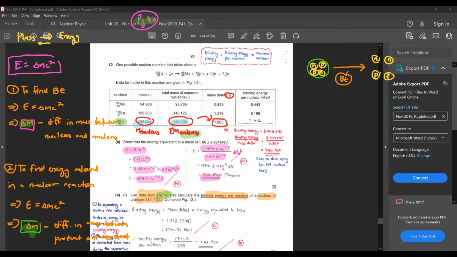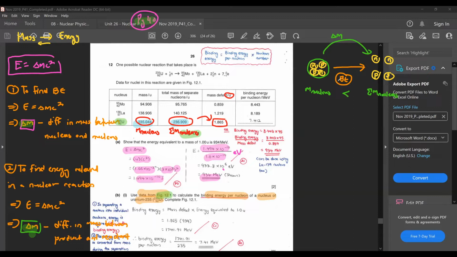Okay, so in the process of you going from here to here, it involves a change in the mass. I mentioned to you before that the mass of the nucleus, if you were to compare with the mass of the nucleons, they are not going to be the same. Actually, the mass of the nucleus will be less than the mass of the nucleons itself.